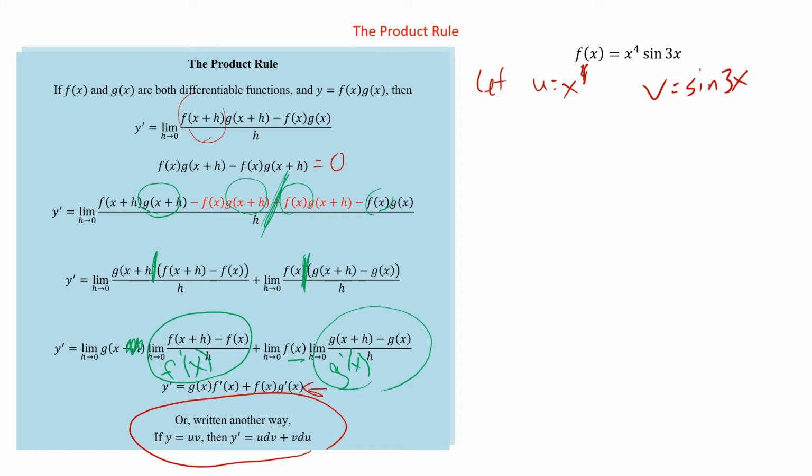And now we can take the derivative of each of these separately. du, x to the fourth becomes 4x cubed, and dv, derivative of sine of something is cosine of something, then times the derivative of something. We've got chain rule in here. That's going to be an extra times 3. I'm going to put that on the front. And so we have the two derivatives.